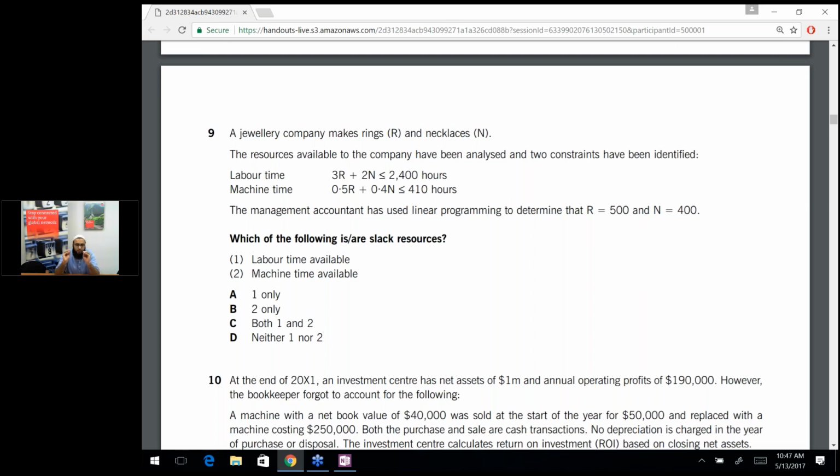Personally, if you ask me, the paper of F5 has become much easier. Seriously speaking, it has become much easier. The level of MCQs is not difficult, my friends.